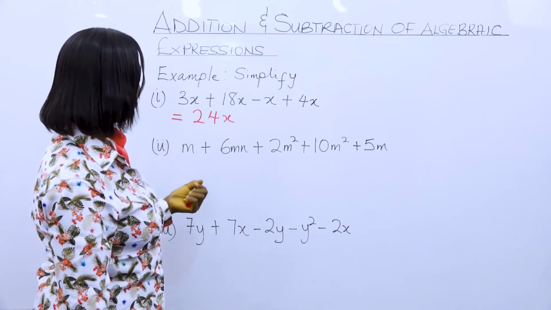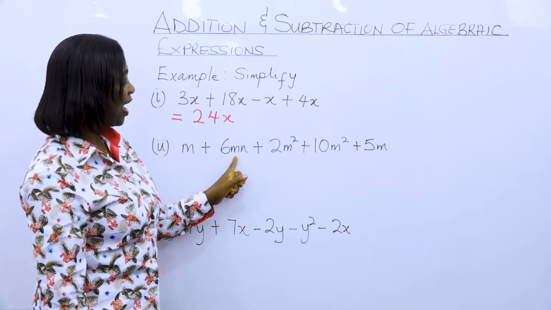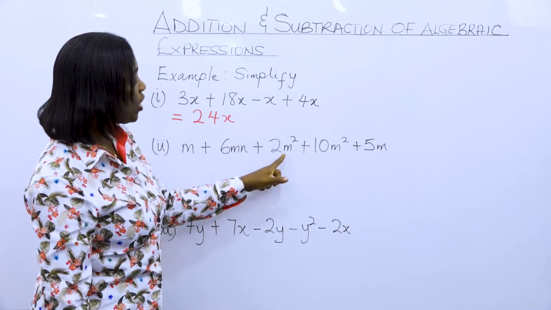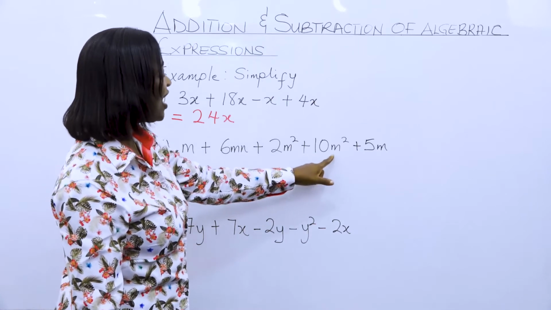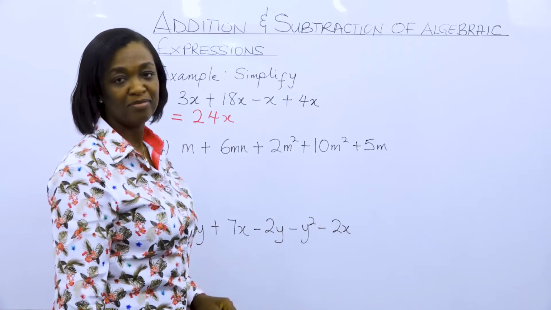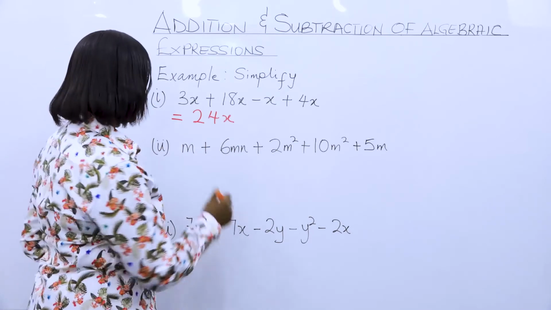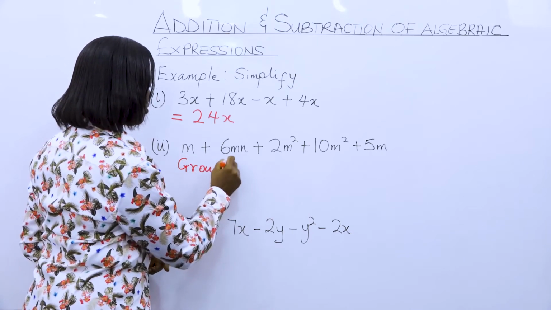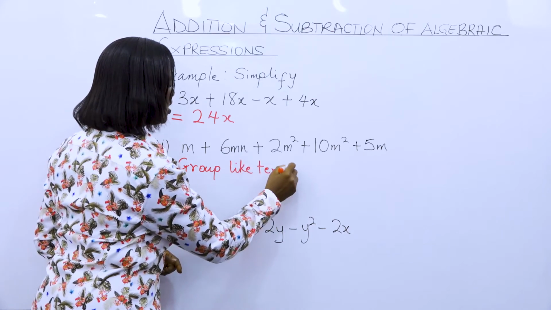The next example, simplify m plus 6mn plus 2m squared plus 10m squared plus 5m. So here we have to group like terms or collect like terms. So we group like terms.